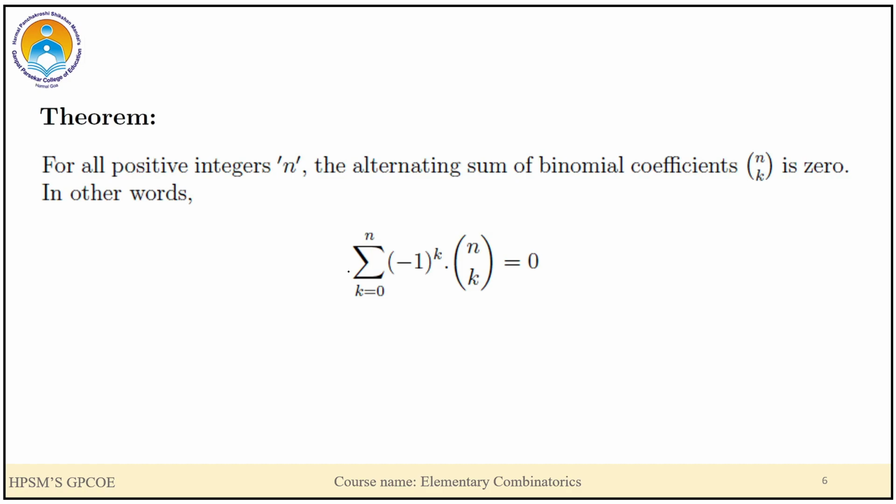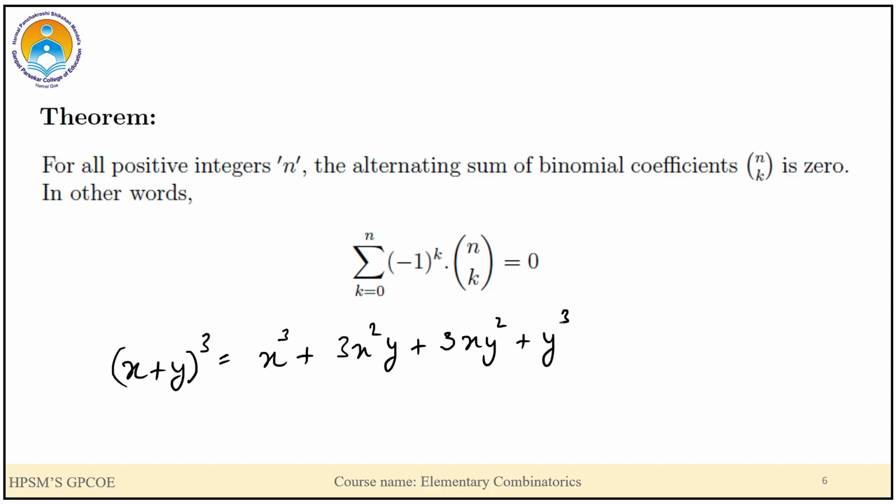For all positive integers n, the alternating sum of the binomial coefficients nCk is 0. In other words, summation as k goes from 0 to n of minus 1 raised to k times nCk is 0. Just to give you an example at the start, suppose I take x plus y the whole cube. This will be x cube plus 3x squared y plus 3xy squared plus y cube.